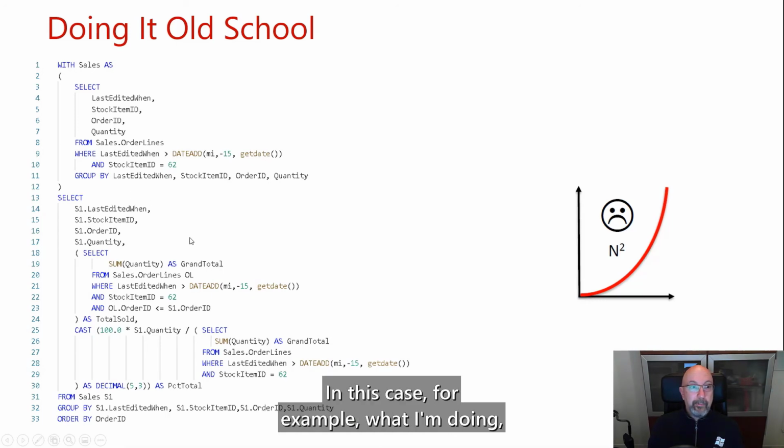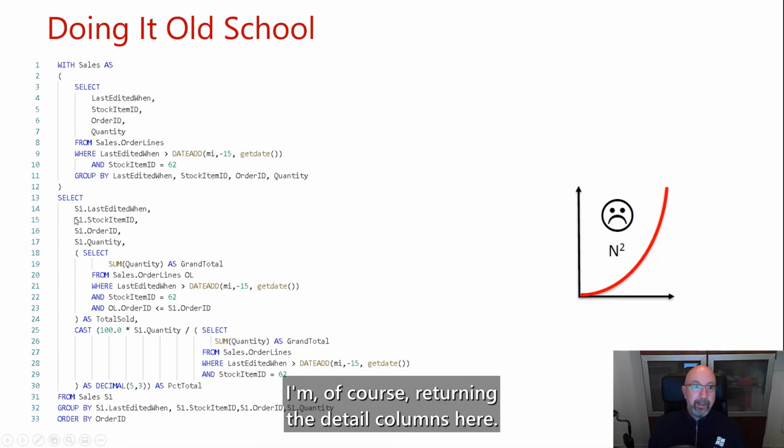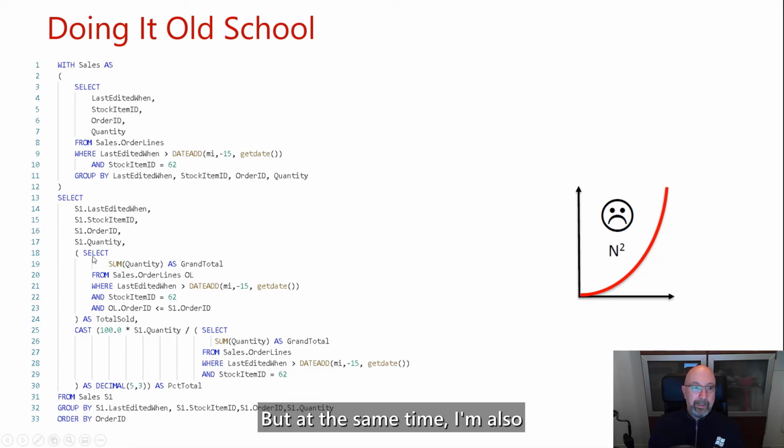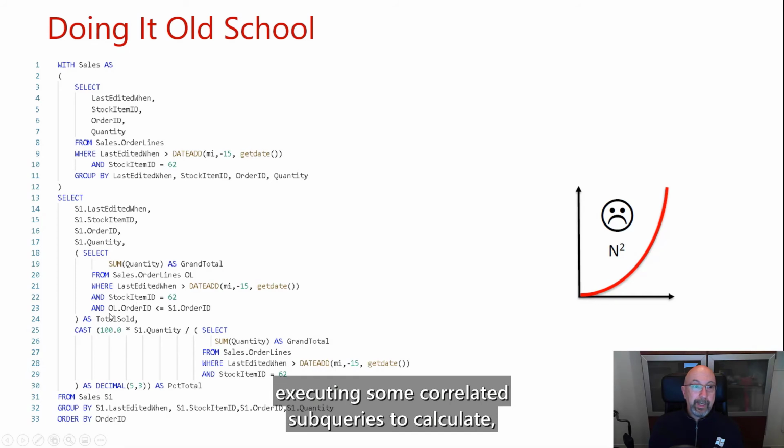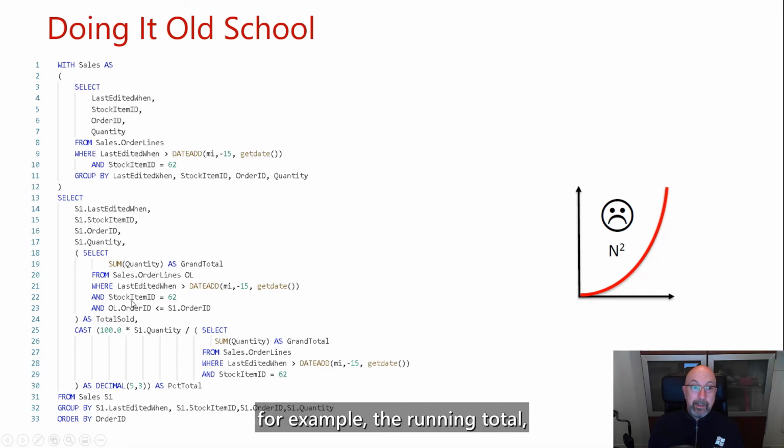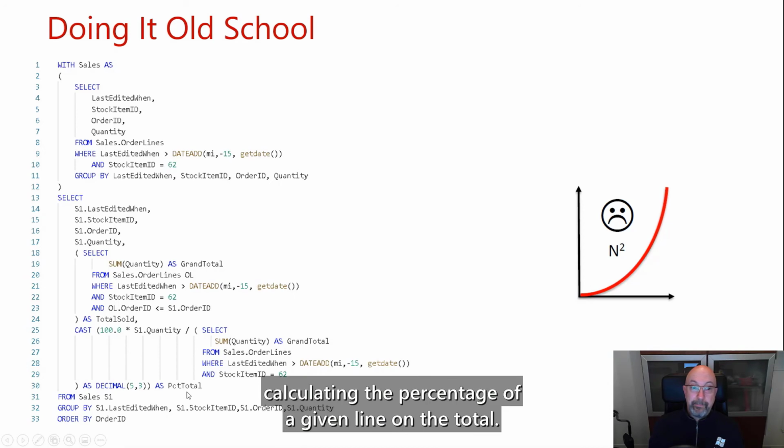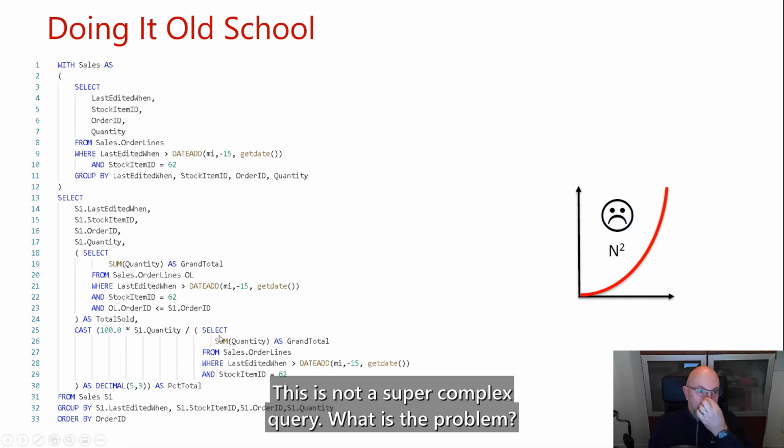In this case, I'm returning the detailed columns here, but at the same time I'm also executing some correlated subqueries to calculate, for example, the running total, summing all the order IDs until the current one for a given item ID, and the percentage of a given line on the total. This is not a super complex query.